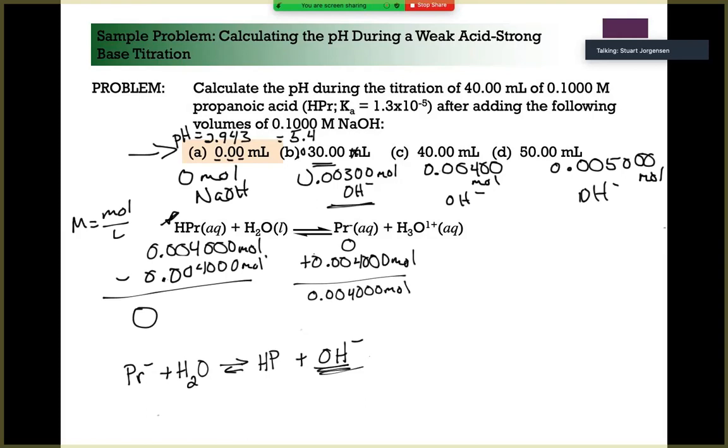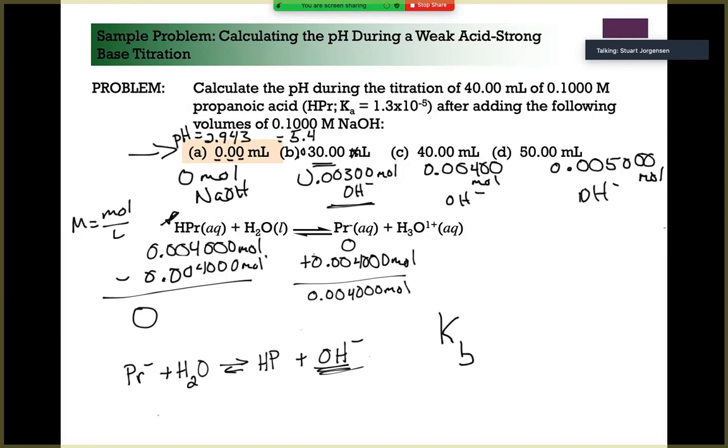This is why at the equivalence point for a weak acid, your pH is greater than 7. We talked about this in one of our previous videos. So at the equivalence point, we've got to use the Kb to find the new pH.